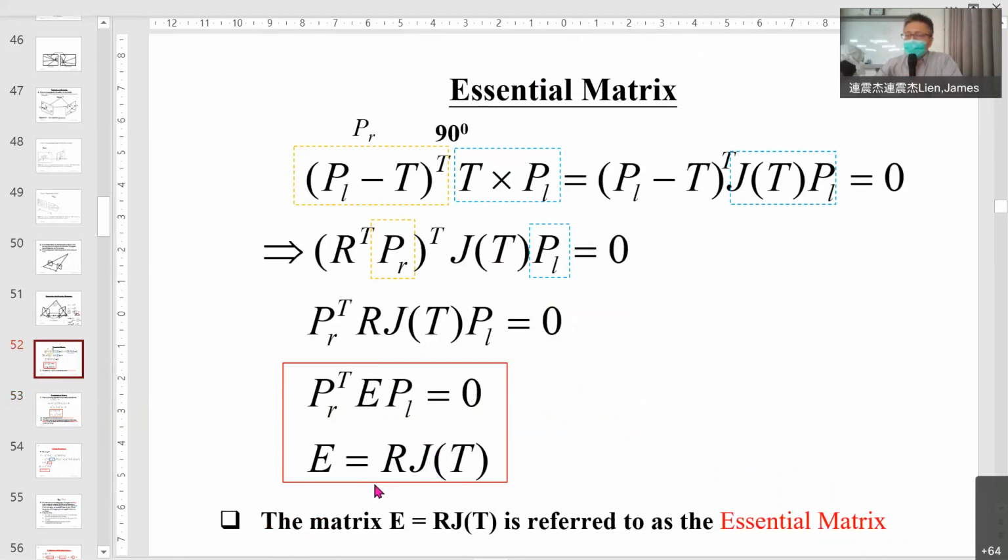It's a cross product, but we change it to the inner product format. After R and T, because 3D to 3D is a rotation and translation, 2D to 2D is also rotation and translation. The relationship between 3D and 2D is the intrinsic parameters, and this is the extrinsic parameters.